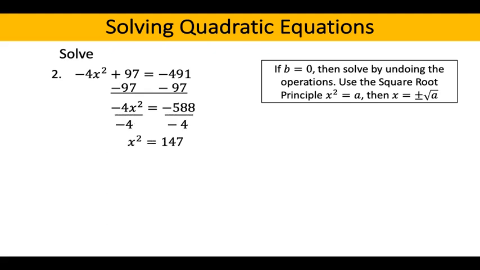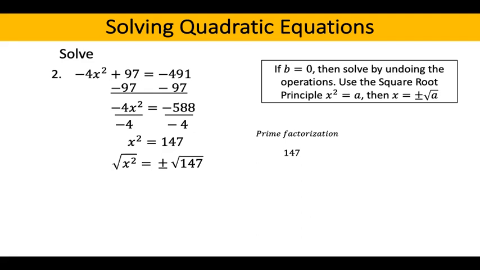So we find that x squared equals a positive 147. When we take the square root, remember to use your plus or minus sign. We notice that 147 is not a perfect square, so we will have to do prime factorization again.